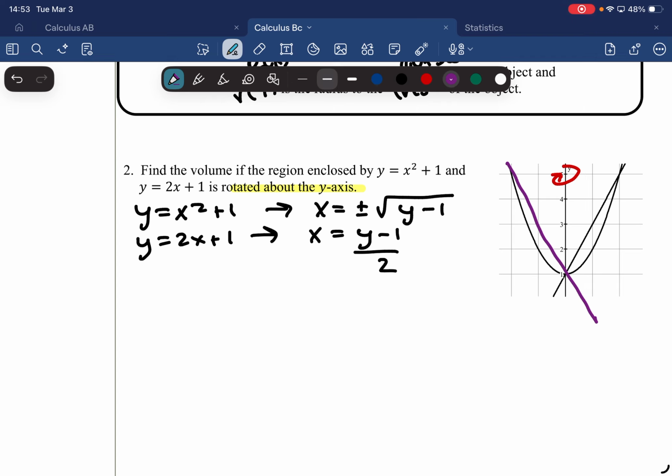So then what I end up with is these two areas here, my original one and my mirrored image one. If I imagine those two areas revolving around the y-axis, spinning around it, it's going to create a washer form, where I have my smaller circle and then my larger circle.